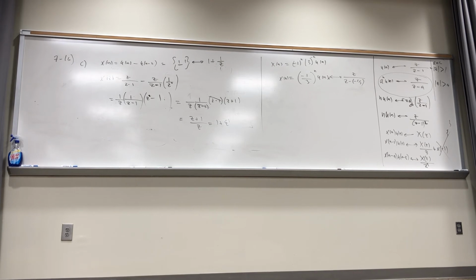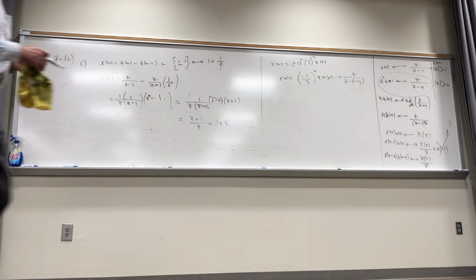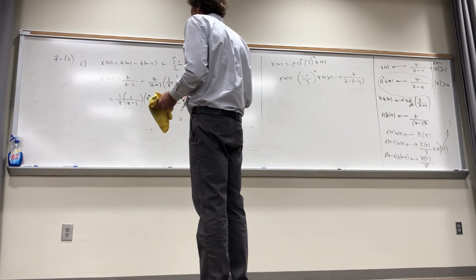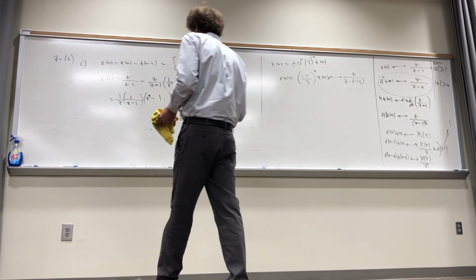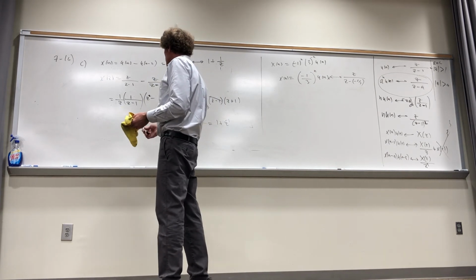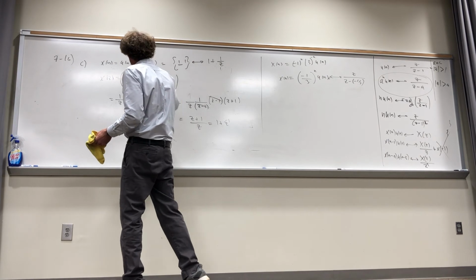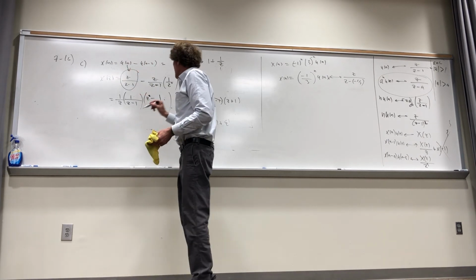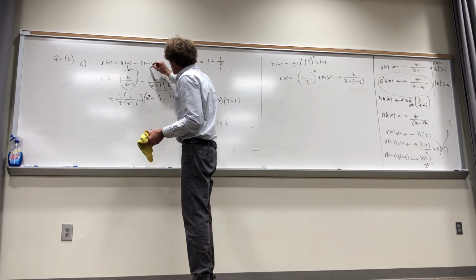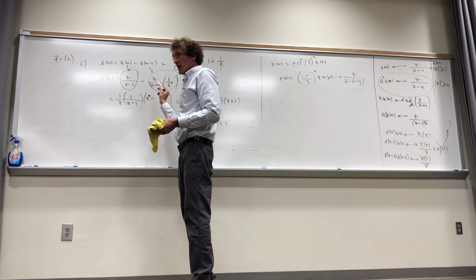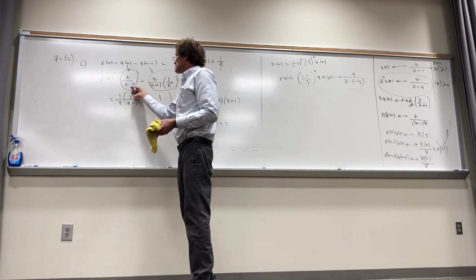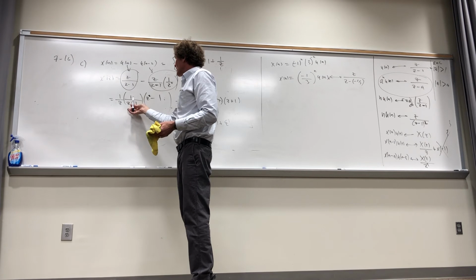Go ahead. I think I might have missed it when you did it, but right under X of z, where it said 1 over z times 1 over z minus 1 times z squared minus 1. How did we get to that? All right, first, this corresponds to this, and this corresponds to this. Have you got both of those? Now I factored z over z minus 1 out front of both of these.